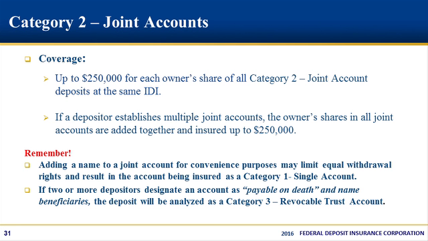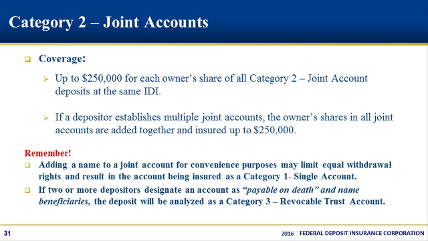Here are 2 situations in which a deposit may not be insured as Category 2 joint accounts. First, remember that adding the name of a person on a joint account for convenience purposes may limit equal withdrawal rights and result in the account being insured as Category 1 single accounts.